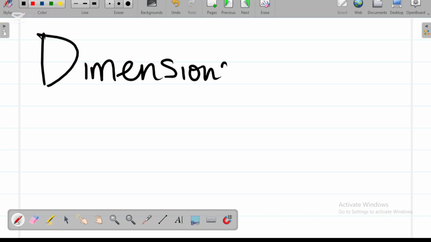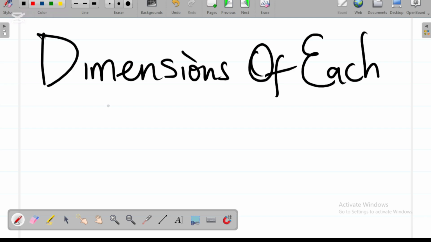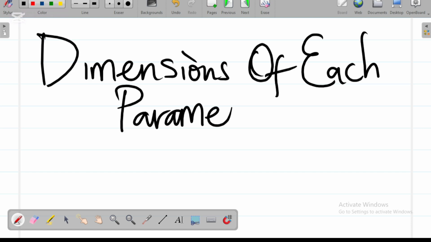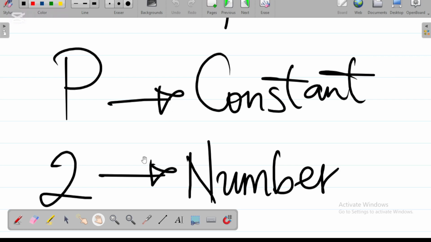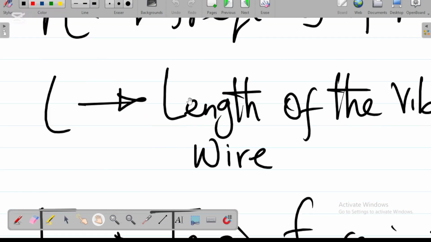Alright, so our next task is to find the dimensions of each parameter. So what's the first one here?